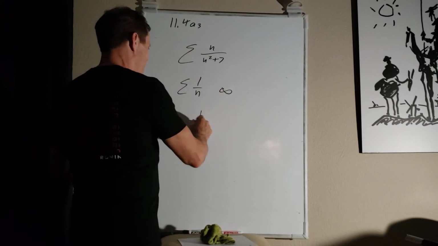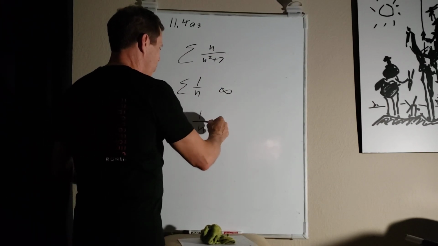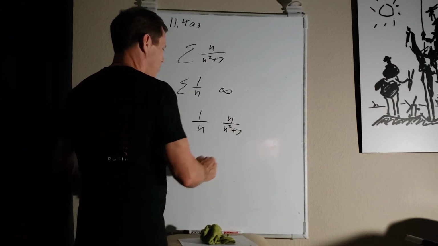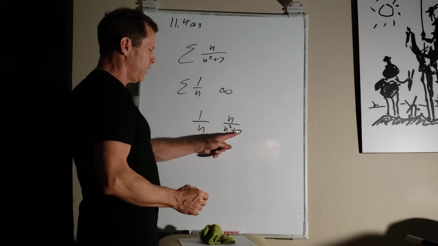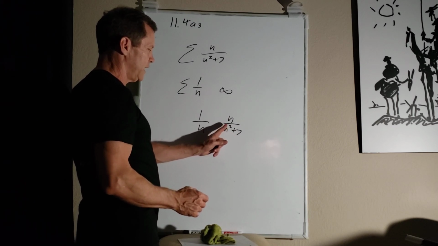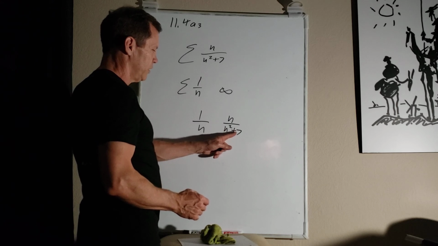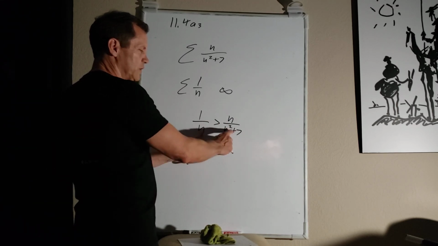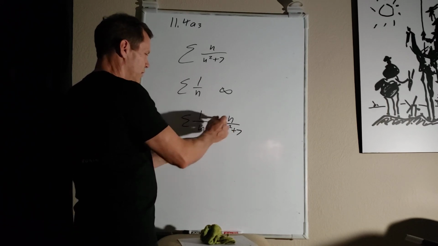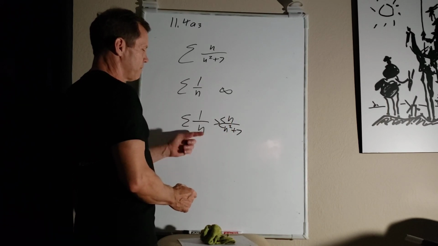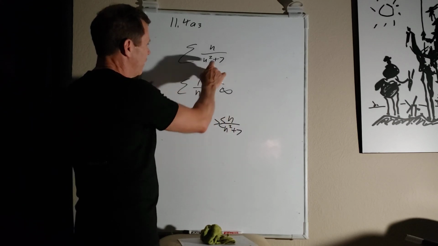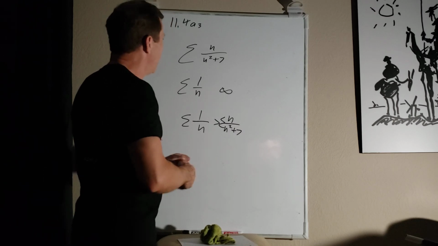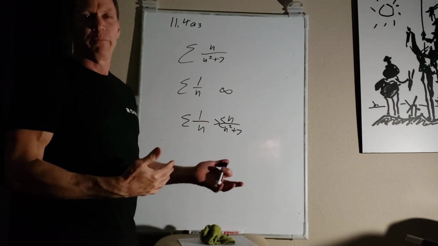But since I made the bottom bigger here, this guy is smaller than that guy, and having that one blow up doesn't say anything about this one. But I know this guy looks like that one, so it's got to work just like that one. Next time I'll show you how you deal with that. It's called the limit comparison test. All right.